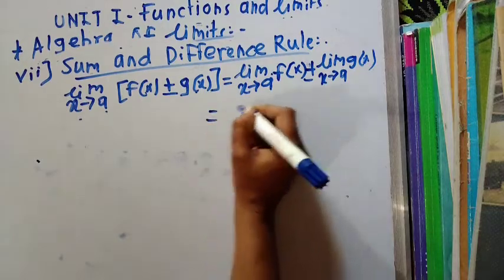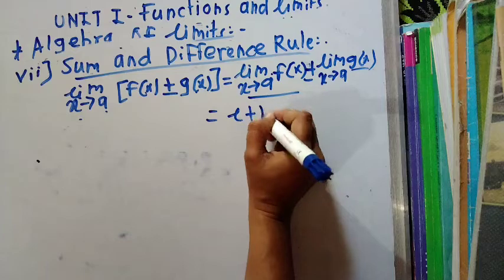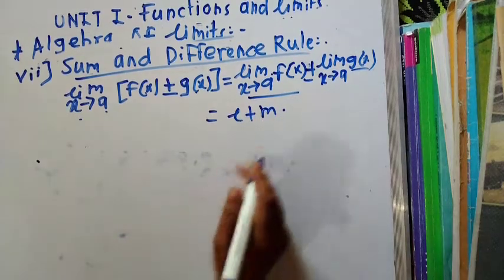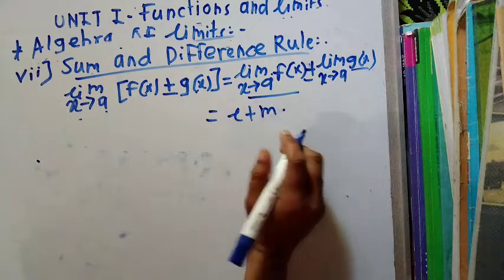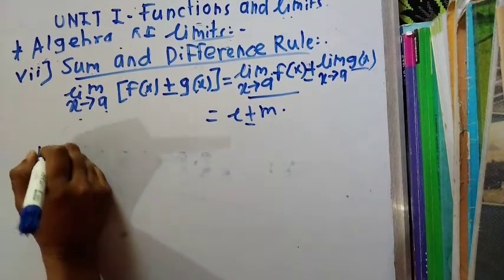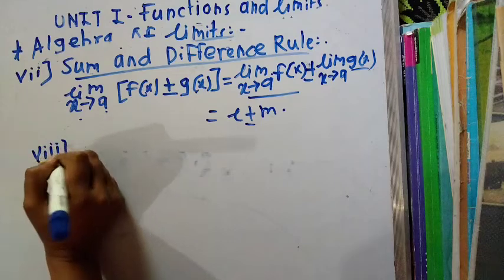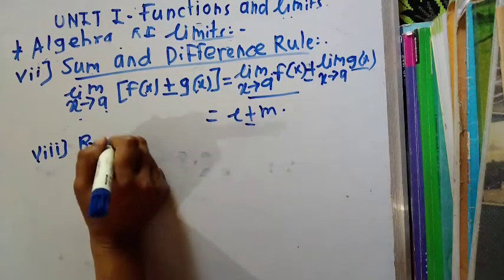Here the limit of f of x is L and the limit of g of x is m, so L plus or minus m. Then next rule is the product rule.